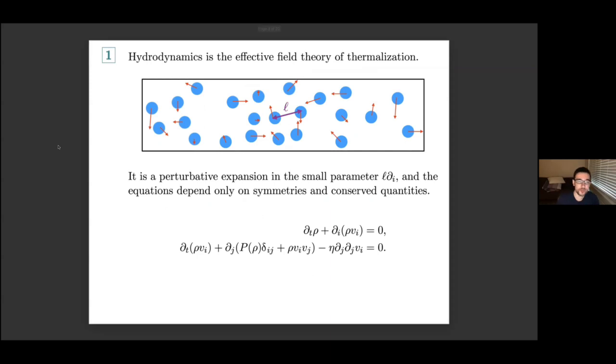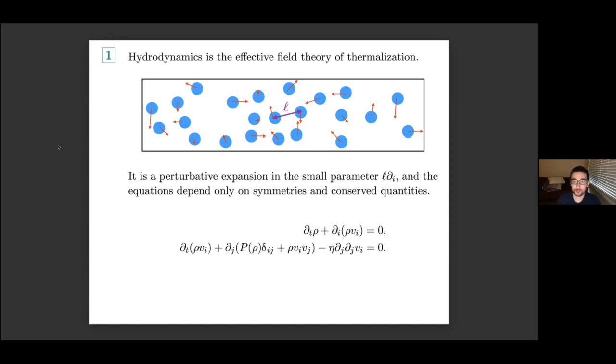Since this is a conference on hydrodynamics, I won't say too much about introducing how we should think about hydrodynamics, but let me say a few words on this. I would say that hydrodynamics is really an effective field theory, and what it's describing is thermalization.